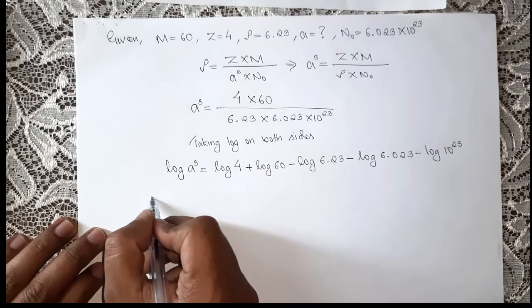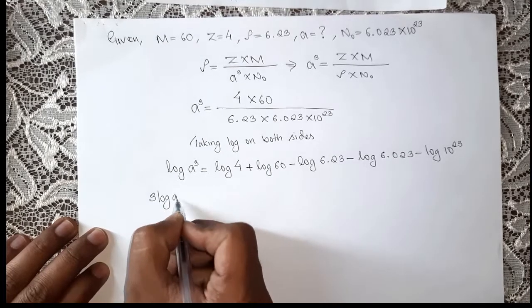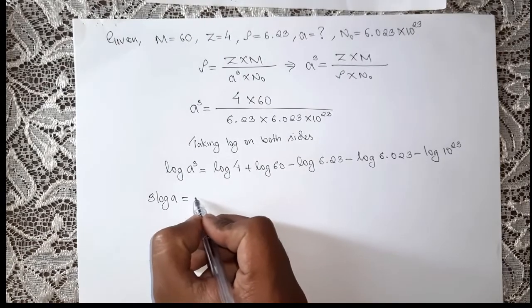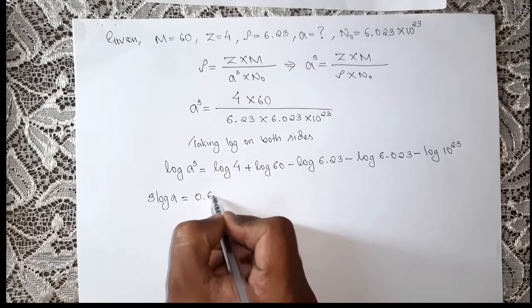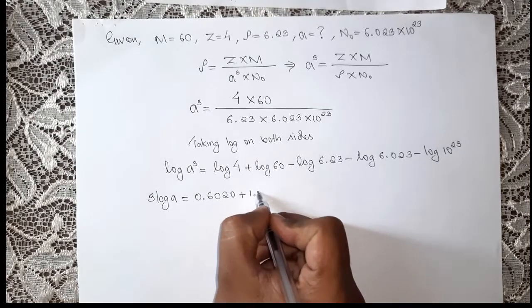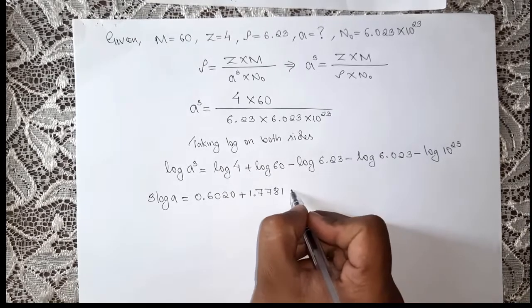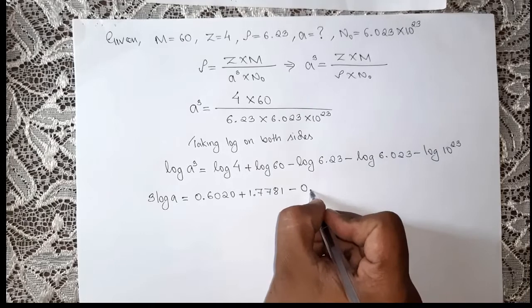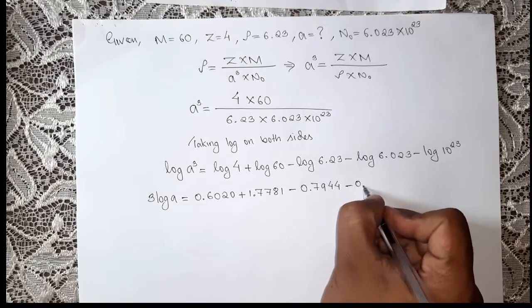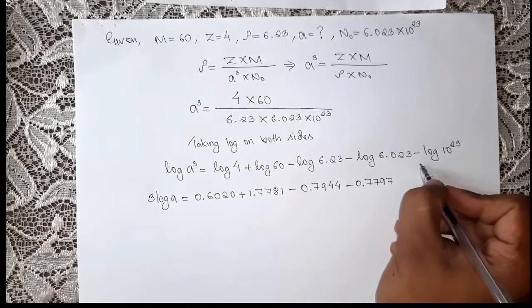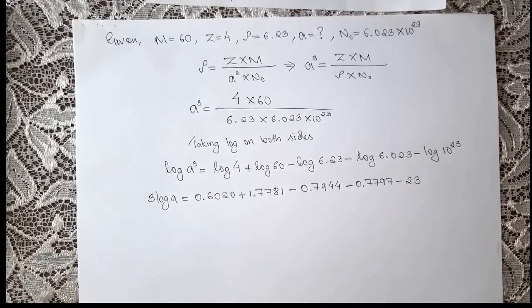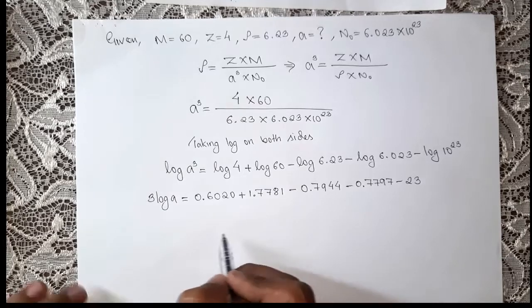Log a cube is 3 log a. Log 4 is 0.6020. Log 60 is 1.7781. Log 6.23 is 0.7944. Log 6.023 is 0.7797, and log 10 to the power 23 is 23. So these are the log values.